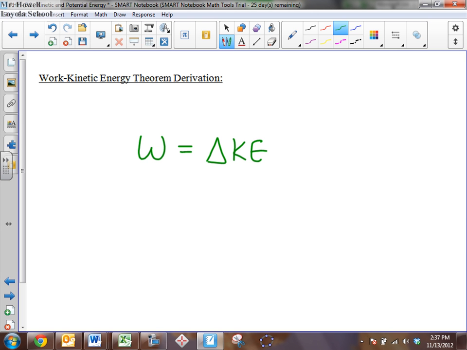So the way I write this is as follows. What does the F and the I stand for again? Final and initial, very good. So here we can write this even further as this.